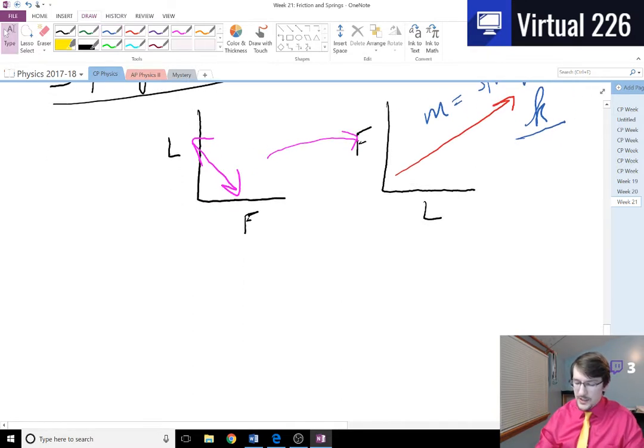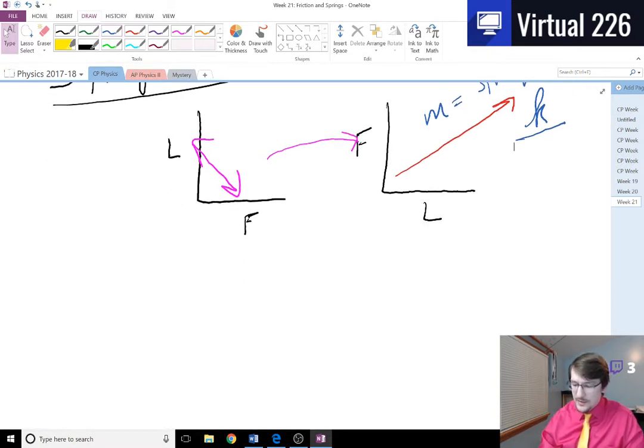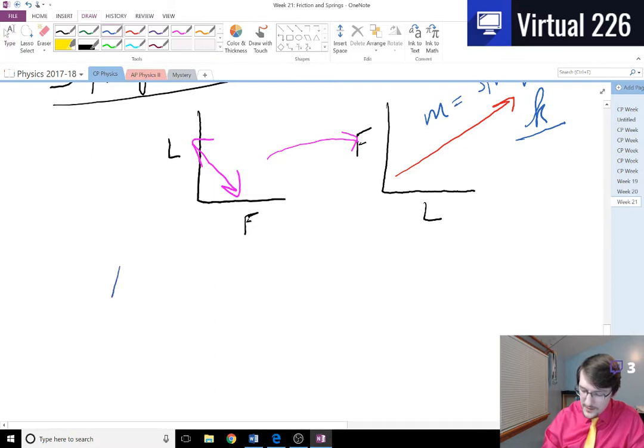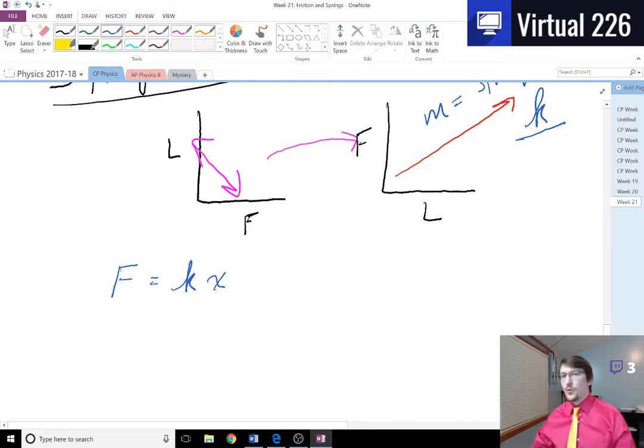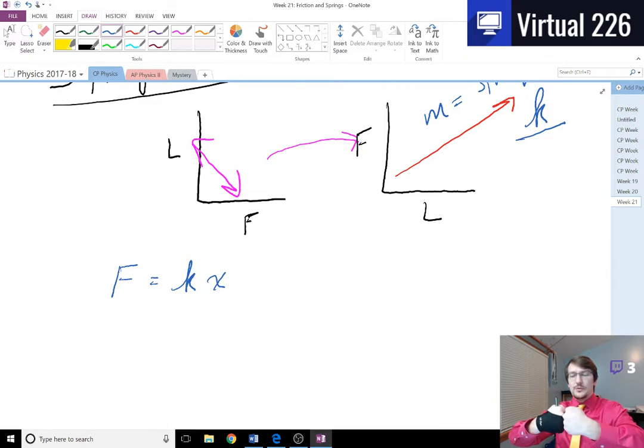We actually ended up creating a little equation at the end of that which said that F equals kx, where the amount of force from your spring is equal to the spring constant, and instead of using L for a length, we use x because we've been using x for displacement this whole year. So it's how strong your spring is and how far you've stretched it out. That's the amount of force. And we saw that like week one. It was one of the first labs we did.